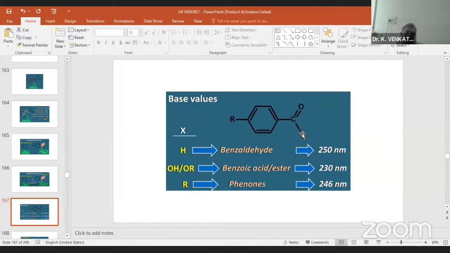In case acid, COOH, or ester is present, what is the base value? 230 nanometers. In case an alkyl group is present, that is for phenones, 246 nanometers. So this is also important. In case an aldehyde is present, what is the value? 250 nanometers, and then 230 nanometers.